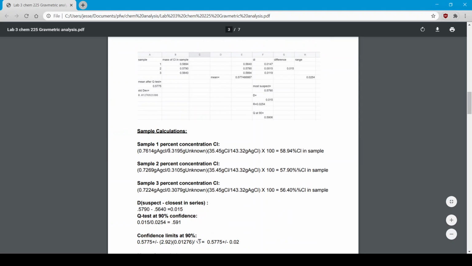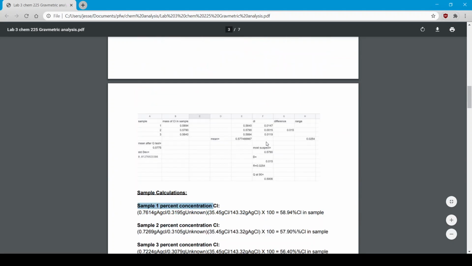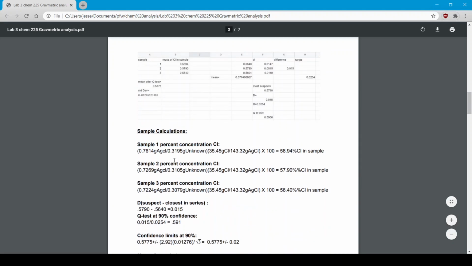I labeled it sample 1, percent concentration of Cl. How did I get that value? I basically multiplied the grams of the precipitate and divided it by the grams of our unknown sample originally, times the molar mass of Cl over the molar mass of silver chloride, times 100, which gave me my percent concentration.